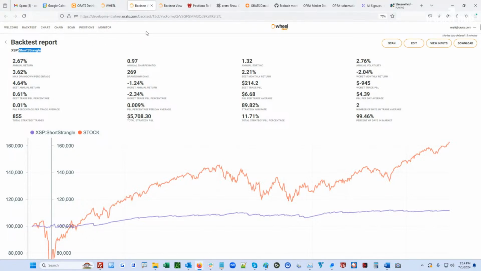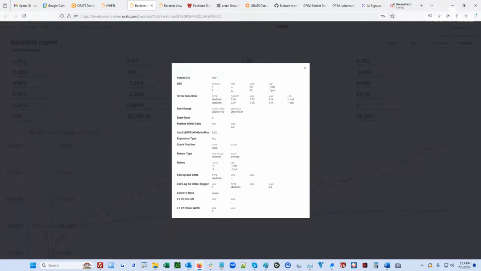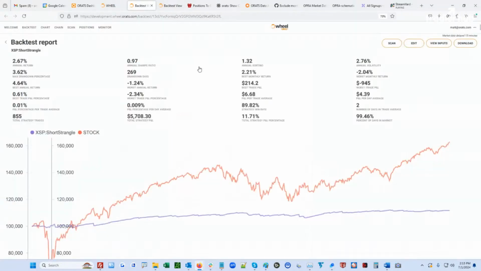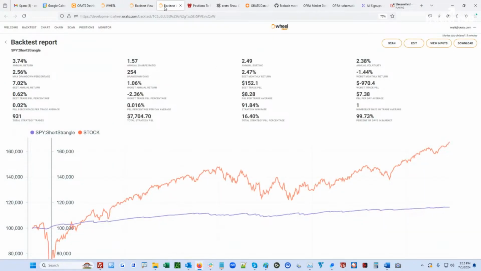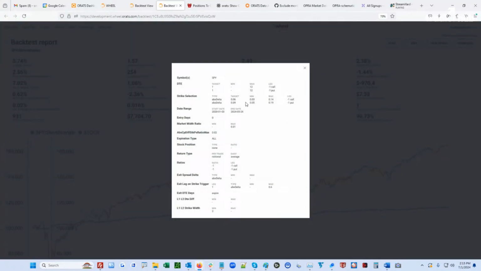And so if you compare a straddle selling, these are the inputs that I tend to use for the way out of the money. If you compare an XSP, for example, with an SPY, and you can see the similar setups here.